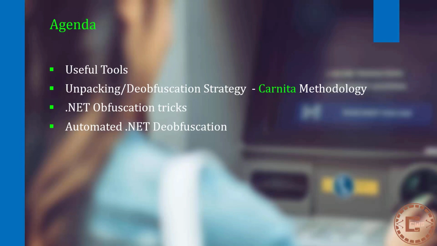The process is always: do it manually, understand it, and then automate it. Otherwise, it's not scalable, right? Dozens, hundreds, or even thousands of malware samples come every day to your queue. You cannot pretend to do everything manually, right? You need to automate it. And finally, lab time. These slides are just for you to be ready for our lab.